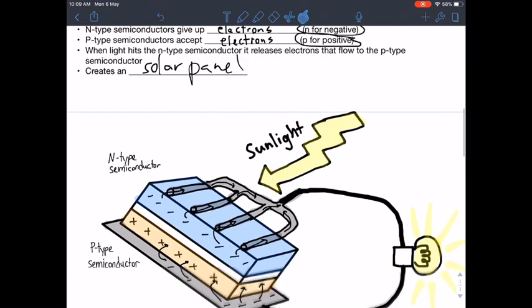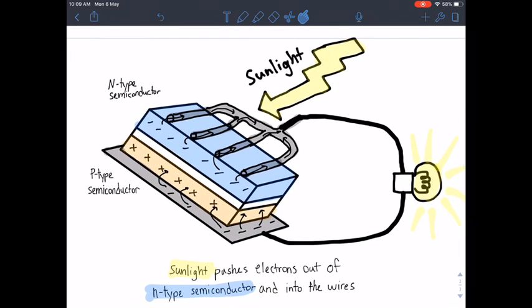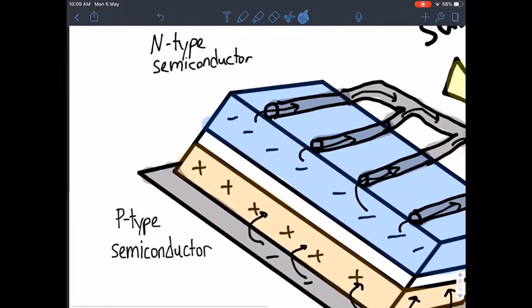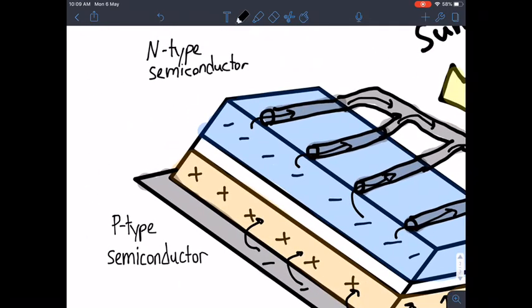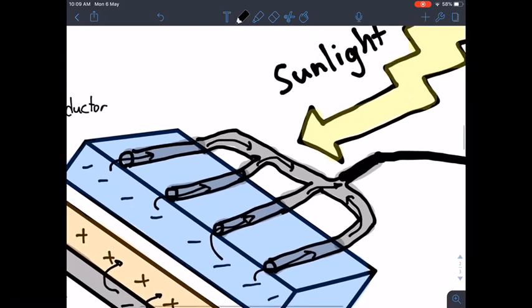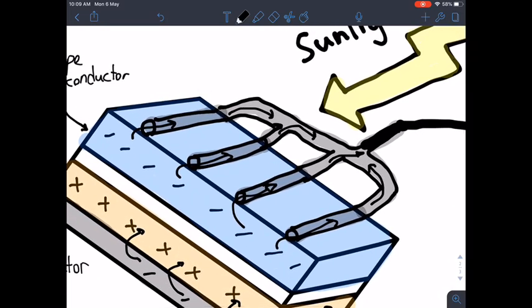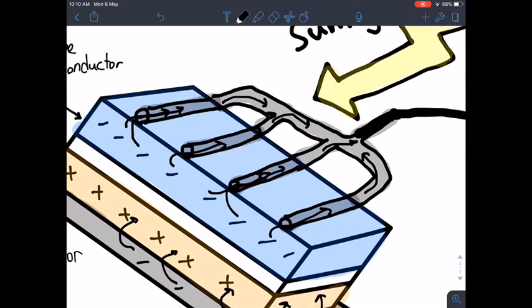I'm going to show you a picture down here, and we're going to get into a little bit of the details. So here's our N-type semiconductor. Notice the negative charges right there because it is the N-type, whereas here's the P-type semiconductor. When sunlight comes in and hits the N-type semiconductor, it's going to push electrons out of the semiconductor and into a wire.